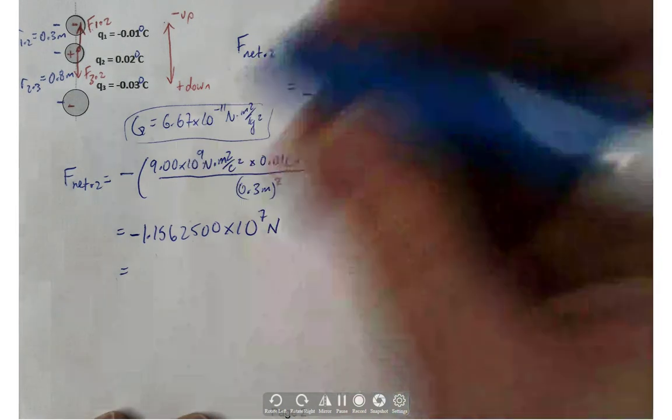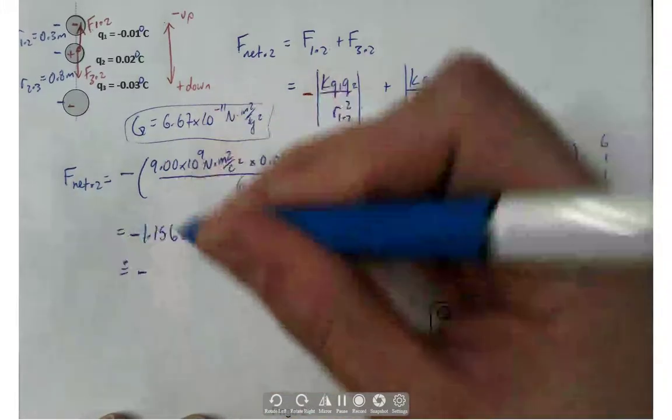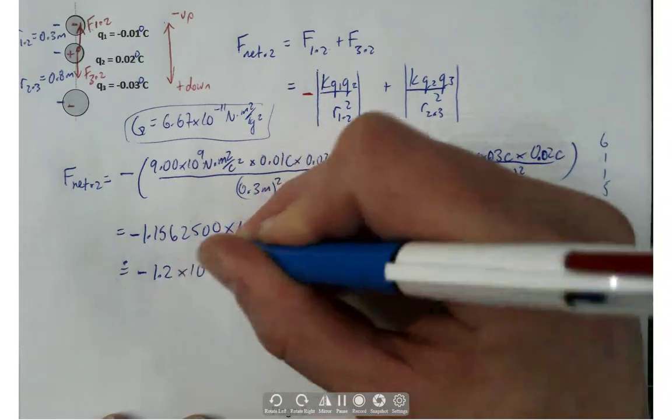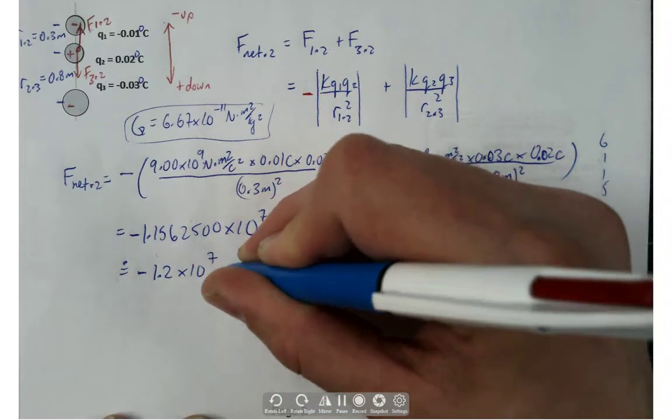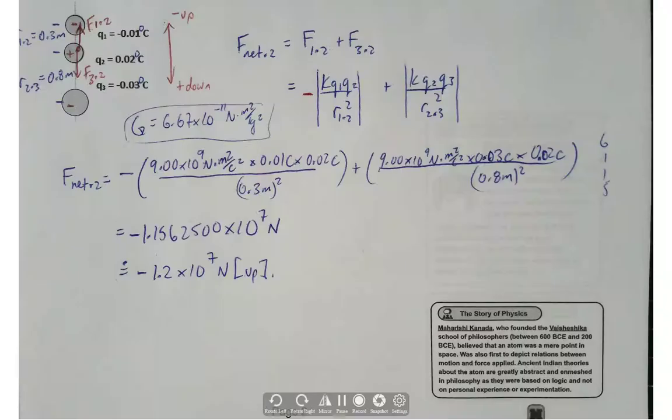So let's round this off to two significant figures. So negative 1.2 times 10 to the power of 7 newtons. And I guess the best direction to call this is up, because that was the reference frame we gave ourselves.